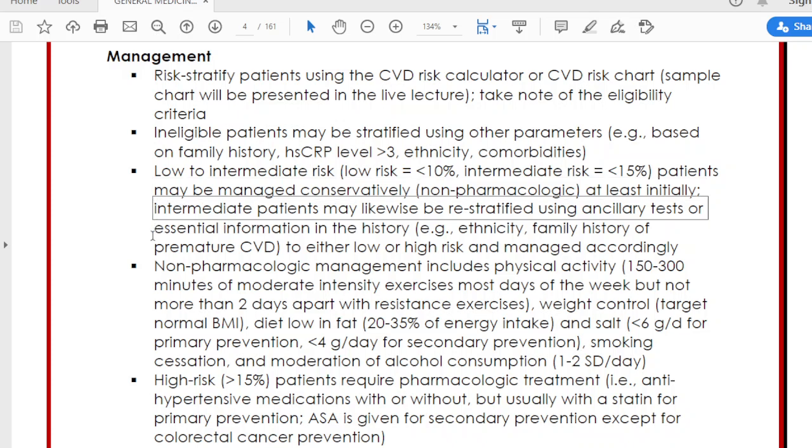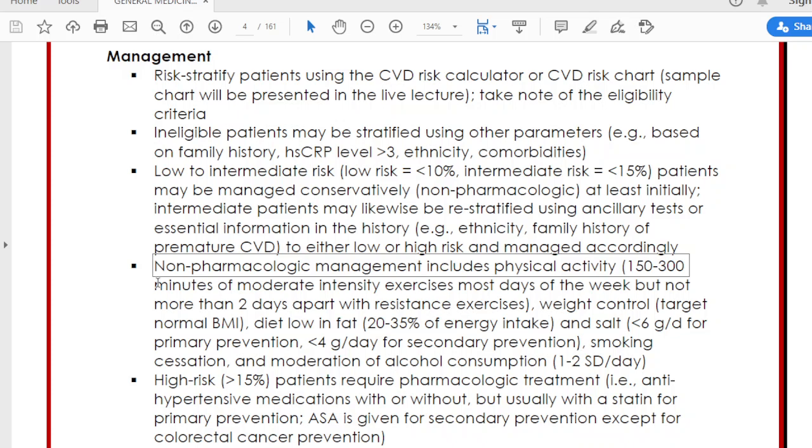Intermediate patients may likewise be re-stratified using ancillary tests or essential information in the history, for example ethnicity, family history of premature CVD, to either low or high risk and managed accordingly.